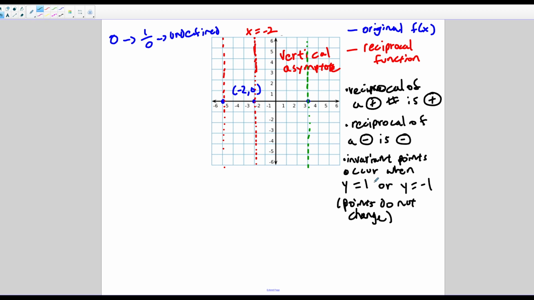That gives us our fourth observation: your x-intercepts of the original function are equal to your vertical asymptotes of the reciprocal function. And again, this idea might not be so clear now, but when we look at some examples of actual functions, things will start to click.